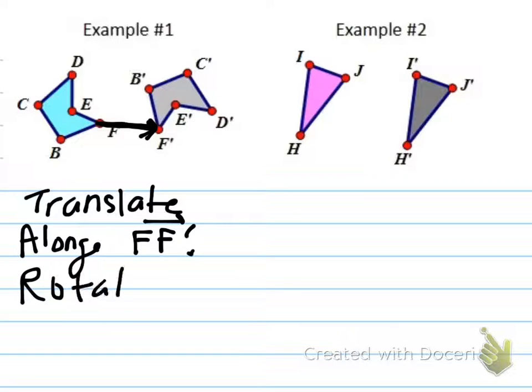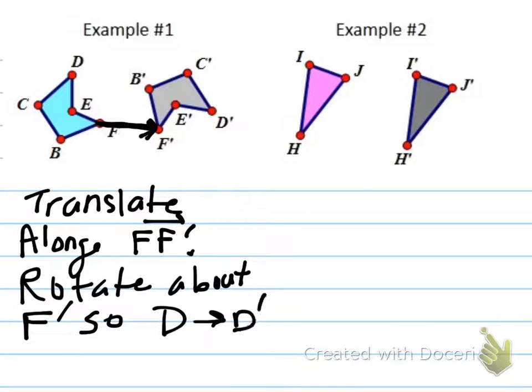So you would then rotate about point f, or f prime, because they're already on top of each other, so that d maps onto d prime. I wish I could move this particular shape, but it doesn't cooperate quite that way.